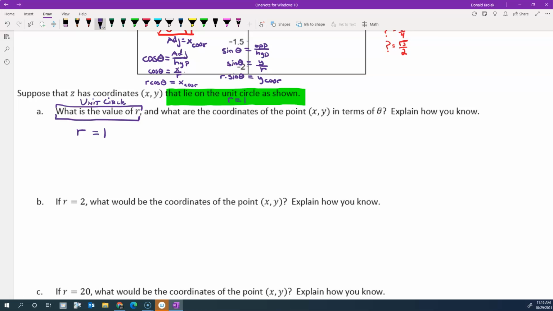Now to get the coordinates of x and y using theta, the x coordinate was r cos theta, and the y coordinate was r sine theta. That's how you got each coordinate.